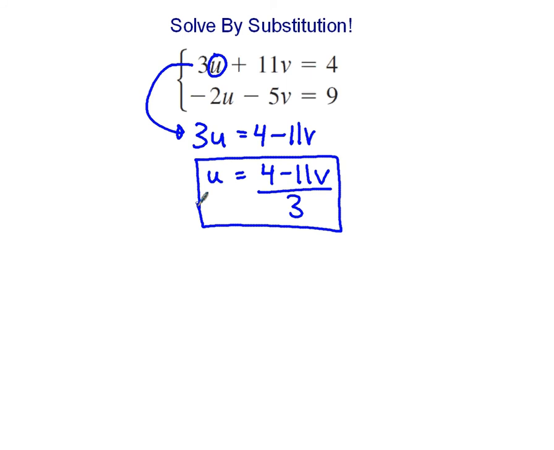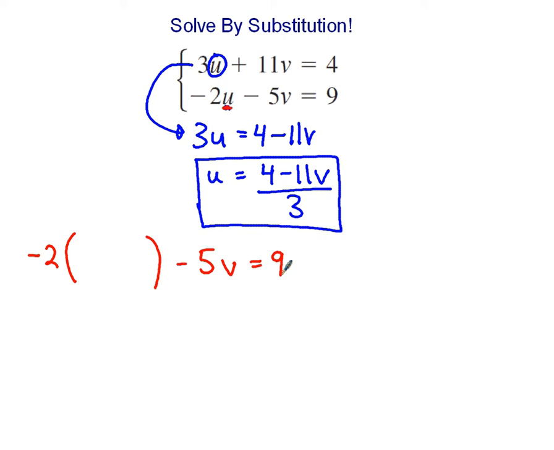Well, now what I can do is take that value for u and put it in for this u in the second equation. Okay, so I'm going to change colors. Start off with that second equation. I'll start over here: negative 2, then u, because that's where the u belongs, and then minus 5v equals 9.